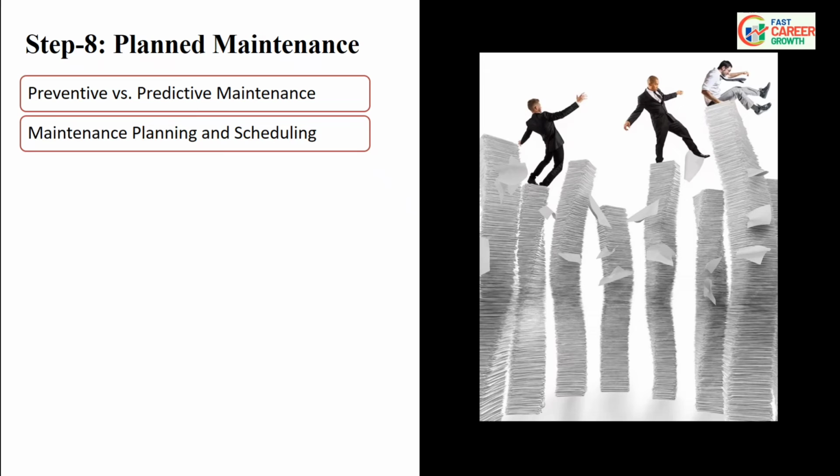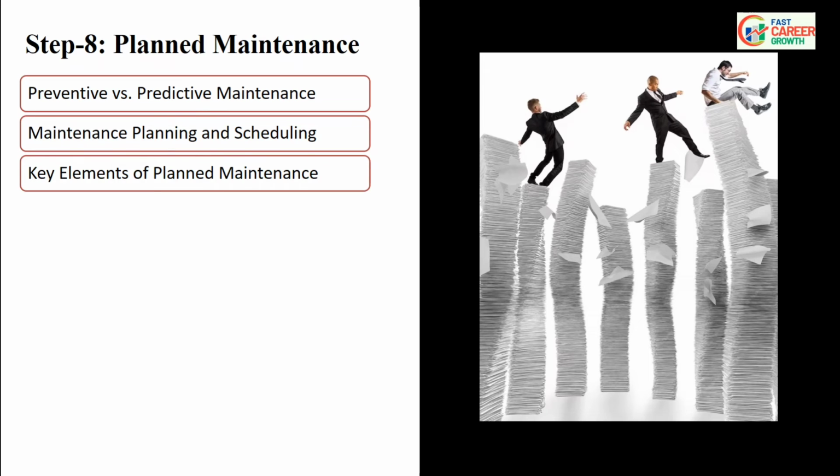Highlight the essential components of planned maintenance, such as maintenance plans and checklists, spare parts inventory management, equipment history and maintenance records, maintenance training for technicians, and equipment reliability metrics.